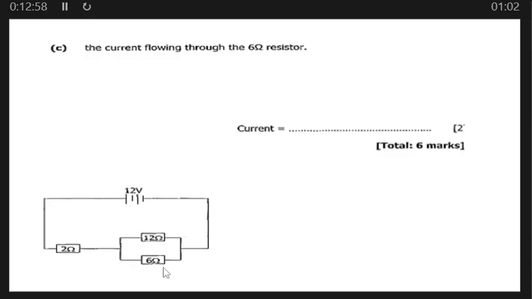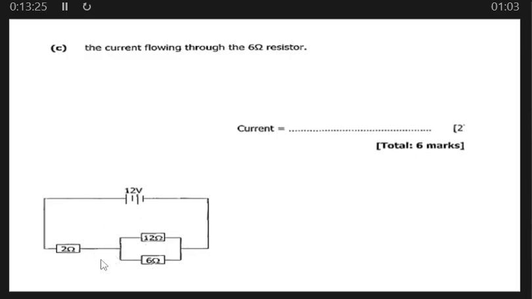So for us to be able to calculate that current here, we must also know the voltage across these resistors in parallel. And also remember that the voltage across resistors in parallel is the same. So you don't make a mistake by using this voltage, no, because this voltage here, it is further reduced, and also here, so it's not the same.